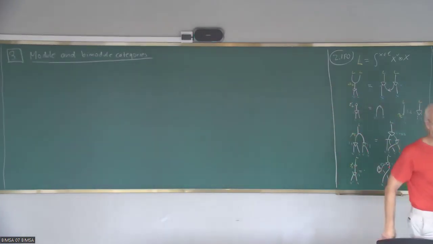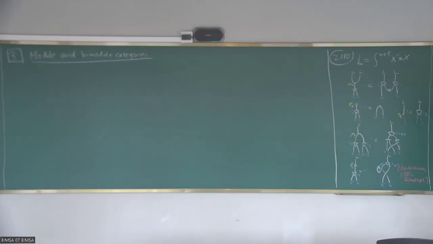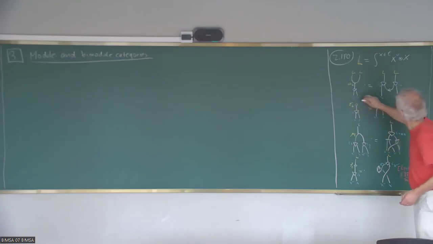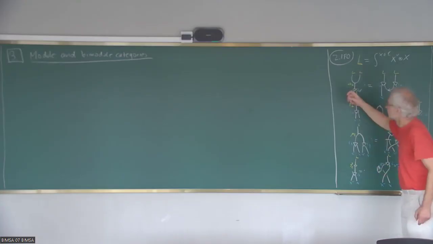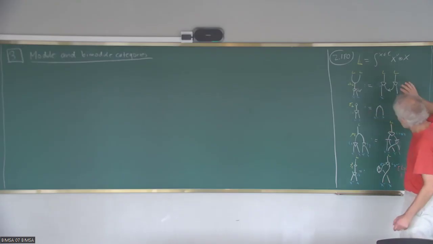But first of all, I have drawn here the definition of the Hopf algebra structure of this coend, assuming that it exists. One good aspect of coends is that they come with this natural family of morphisms, which I call i. And from the very definition, it follows that a morphism with codomain L is already completely determined if you give that morphism composed with all these i-maps.